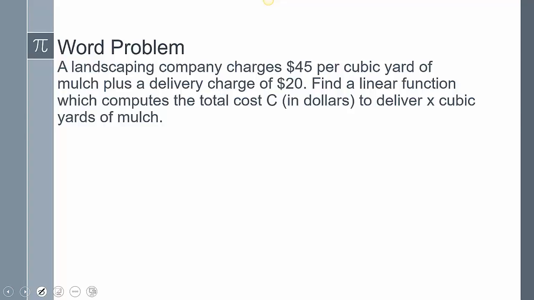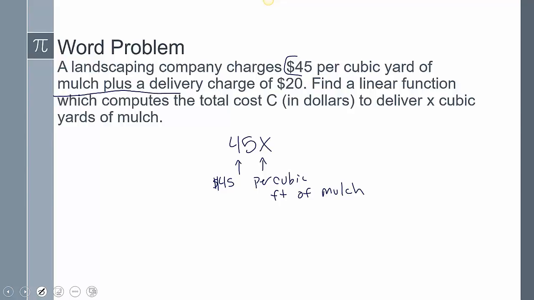Now let's look at a couple of word problems. It says a landscaping company charges $45 per cubic yard of mulch plus a delivery charge of $20. Find a linear function which computes the total cost C in dollars to deliver x cubic yards of mulch. So this whole $45 per cubic yard of mulch, I can express that as 45x because it's $45 times the number of cubic yards.